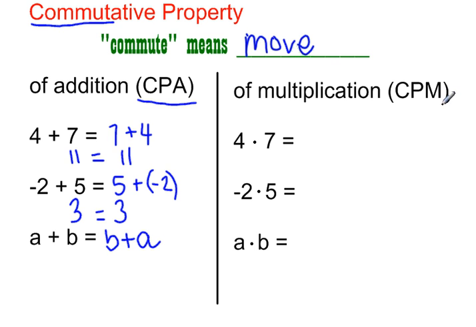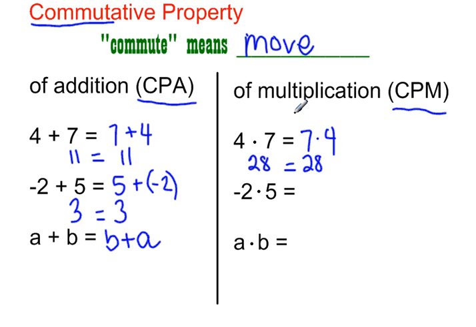The same thing is true for multiplication. Commutative property of multiplication, or CPM for short. 4 times 7, well, that's 28. But what if I do 7 times 4? 7 times 4, that's also 28.